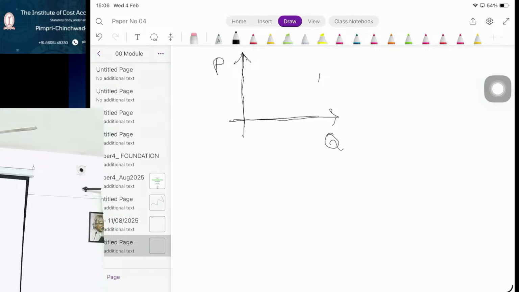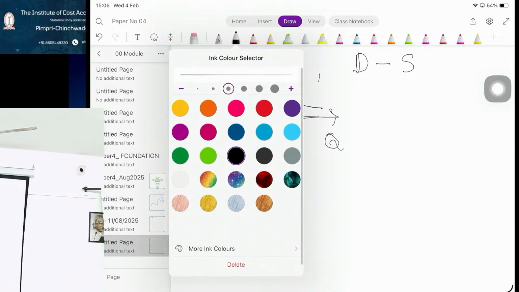Okay. So in the last lecture, when we stopped, we had discussed factors that determine demand and supply. We have seen that there is a downward sloping demand curve and an upward sloping supply curve.